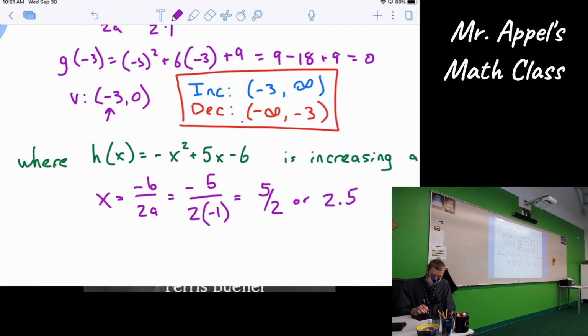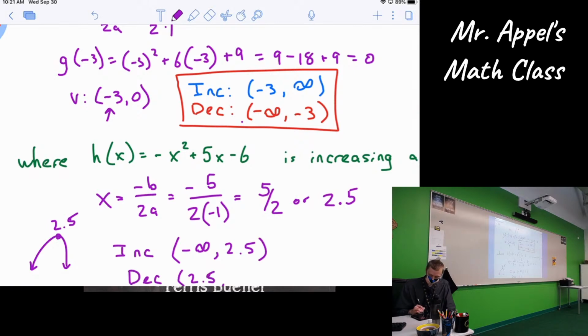All right, and because it is starting off negative, it's going to be an upside down parabola here at 2.5, so it's going to start off increasing from negative infinity to 2.5, and then decrease from 2.5 onward to positive infinity.